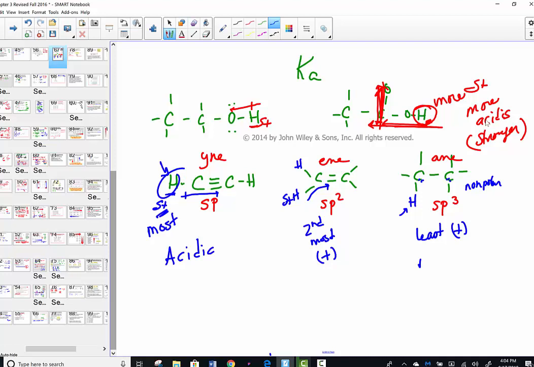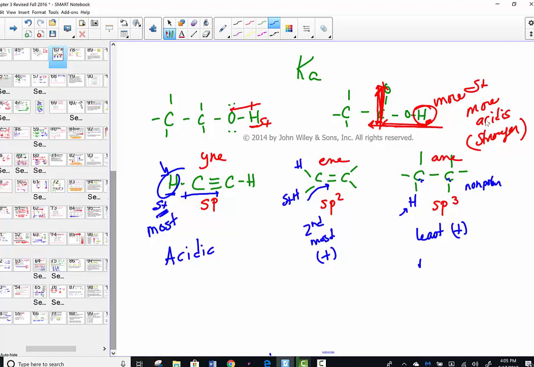So a triple bond is more acidic than a double bond, which is more acidic than a single bond. And when you look at your pKa chart and stare down that trend, a triple bond, although it's close to the bottom, is higher at pKa 25. The very last two in the left column, the ene is 44 and the ane, all saturated, is 50.